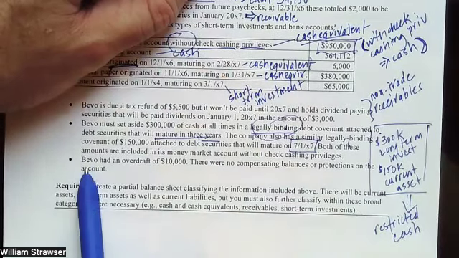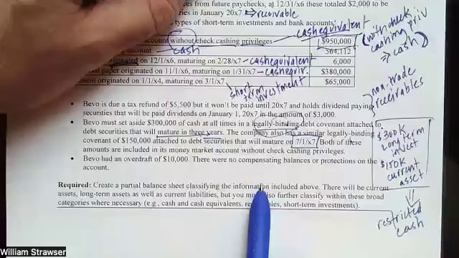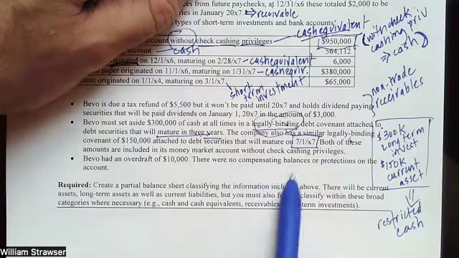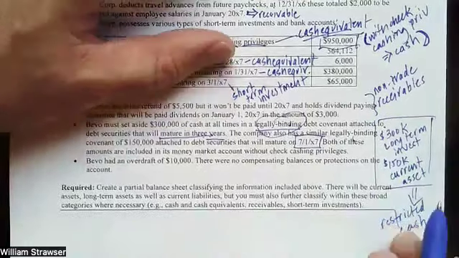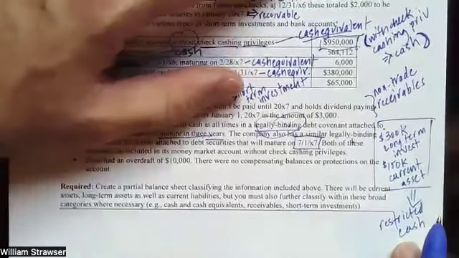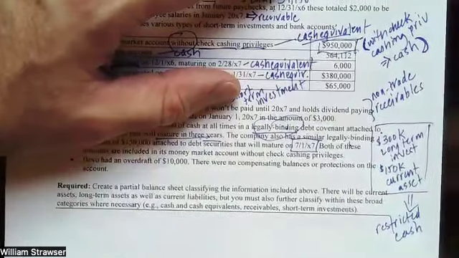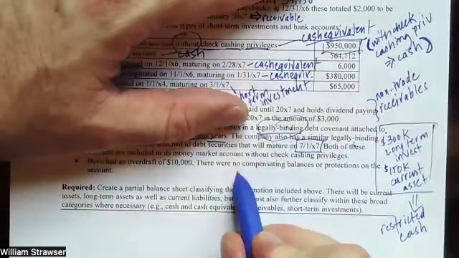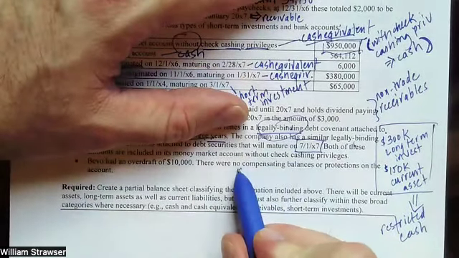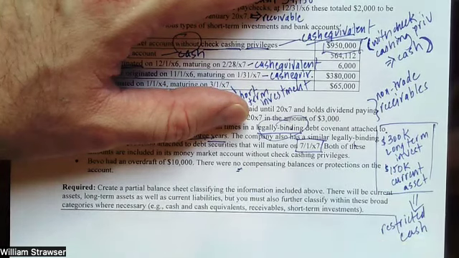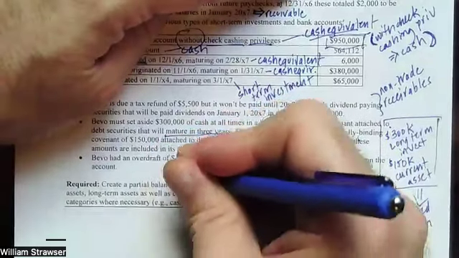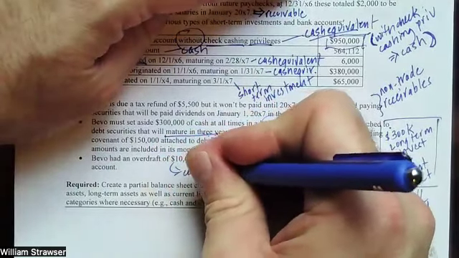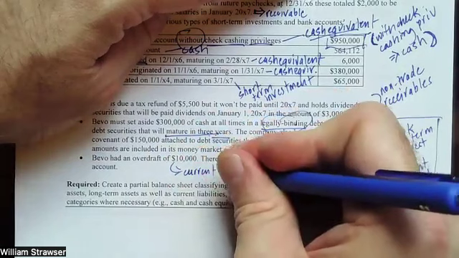And finally, it says Bevo had an overdraft of 10,000. There were no compensating balances or protections on the account. So a lot of times our accounts are set up with this. It tends to be one of the service fees that we're charged if it's set up. But if we don't have a compensating balance or a protection, then this becomes a liability of $10,000.